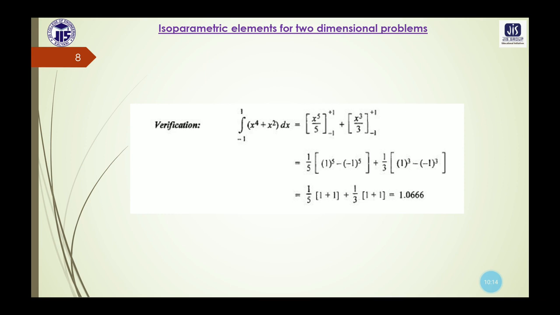Now if we do the simple integration, we are getting 1.06, which is the same as what we got from the Gaussian quadrature concept. So the calculations by Gaussian quadrature and by simple integration come out the same, which means this result is verified.